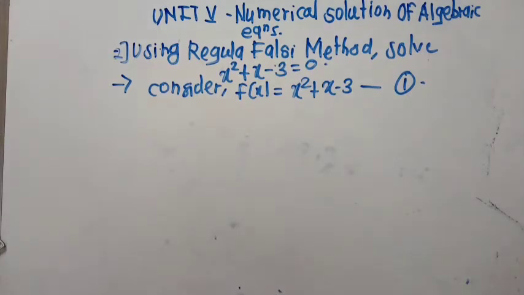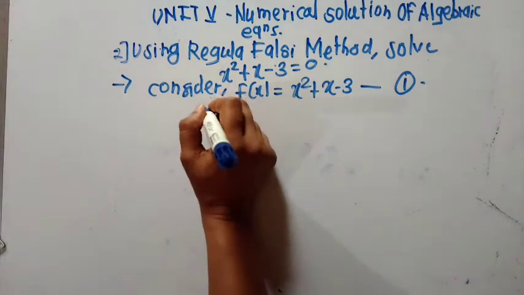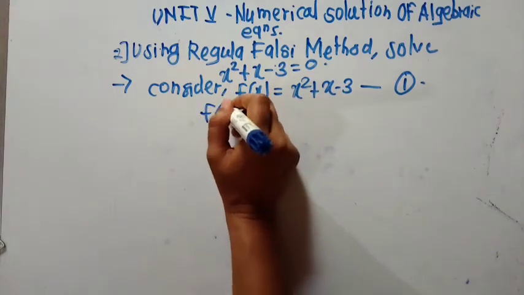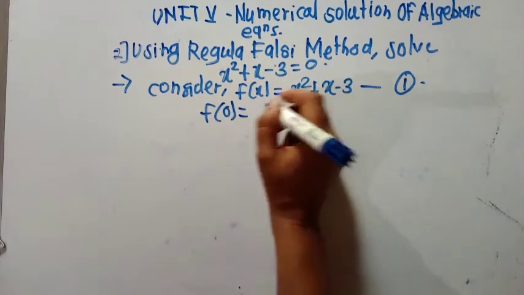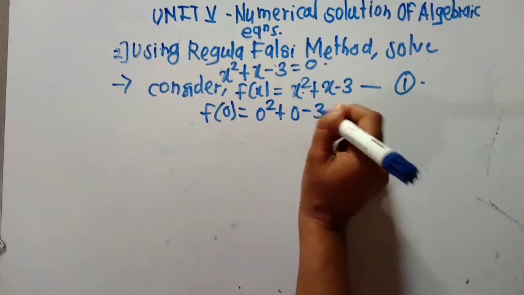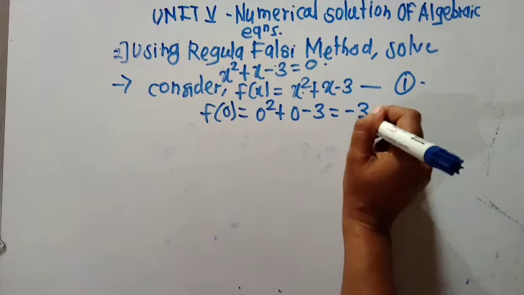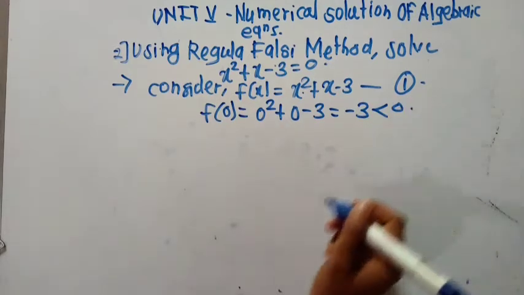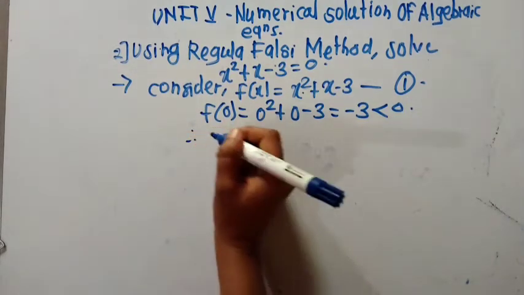Then first find out f of 0. So f of 0, which is equal to 0 square plus 0 minus 3, which is equal to minus 3, and minus 3 is less than 0.